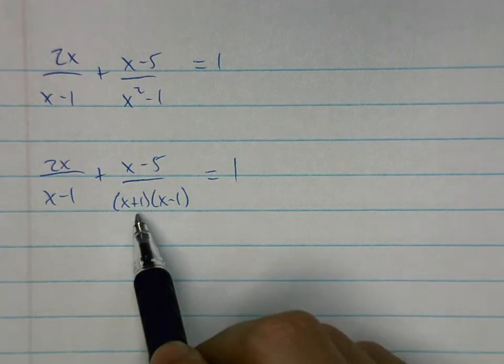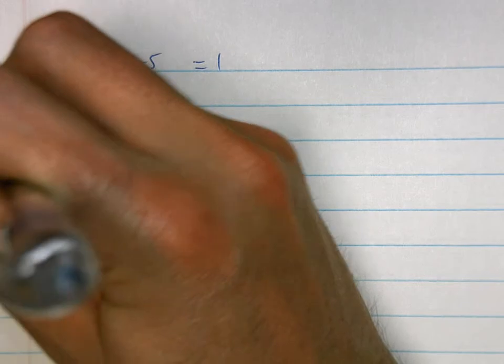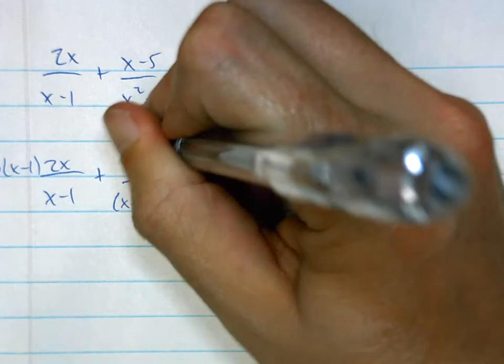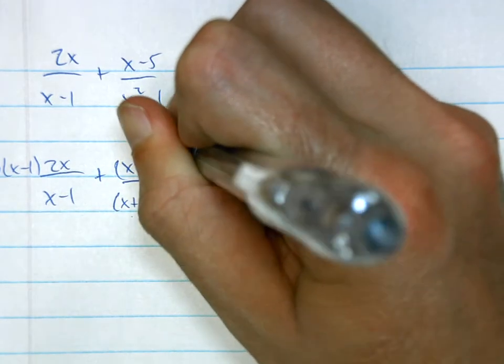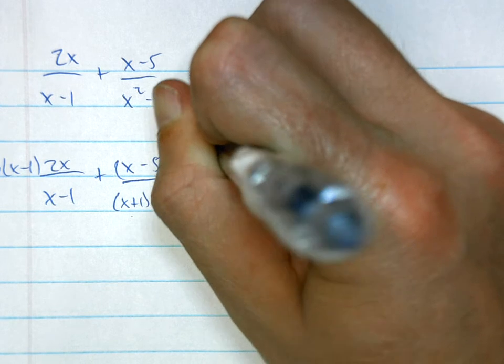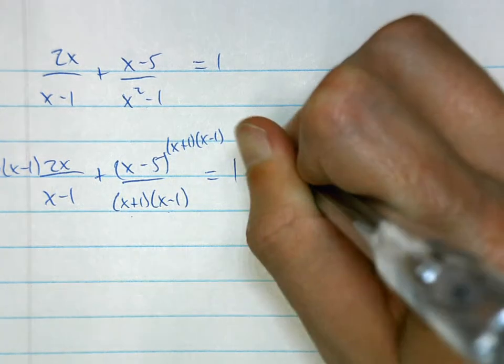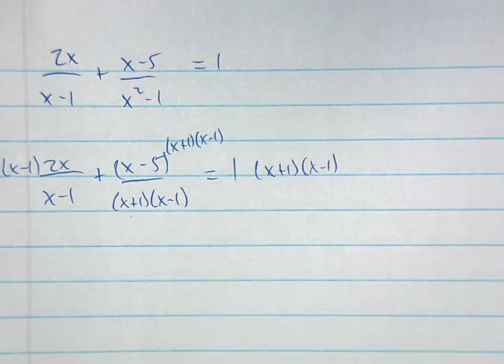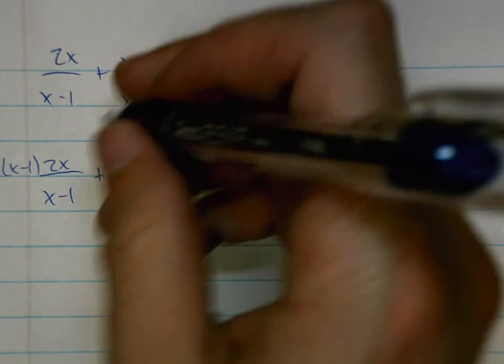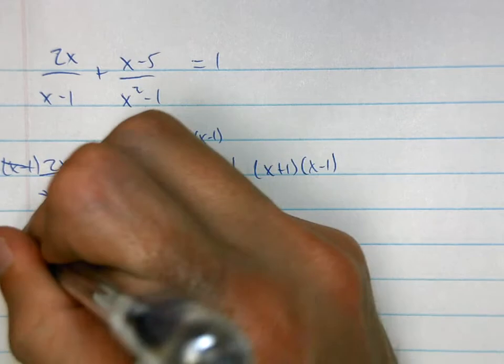So this gets x plus 1 x minus 1. This gets x plus 1 x minus 1. And this gets x plus 1 x minus 1. So this is 2x times x plus 1.